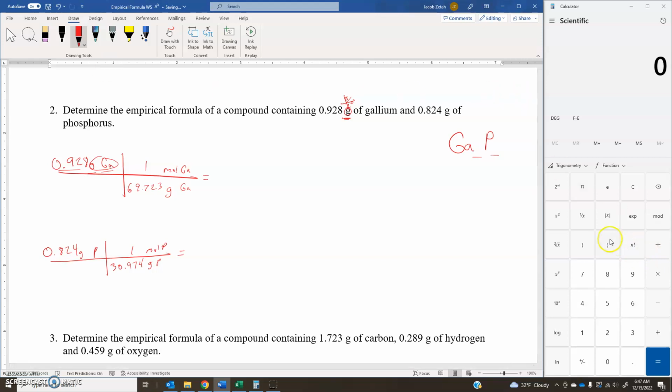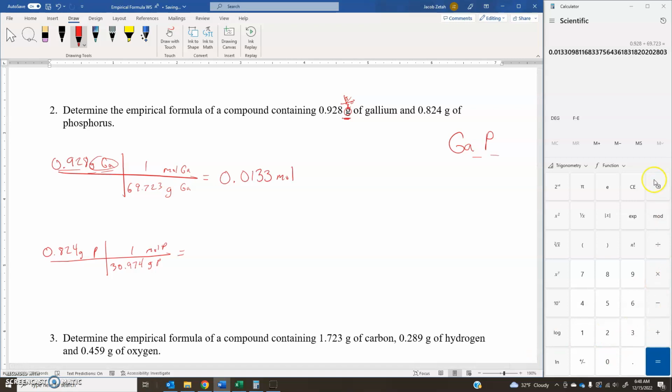So again, let's go over to my calculator here. 0.928 divided by 69.723. We end up getting 0.0133 moles.